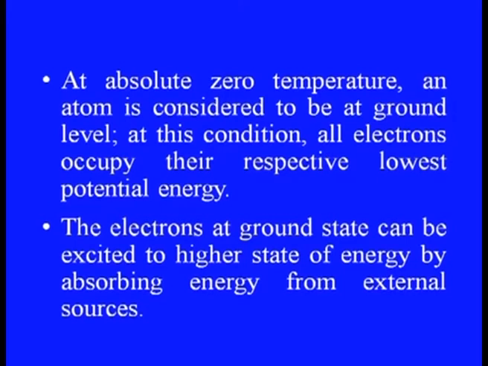At absolute 0 temperature, an atom is considered to be at ground level. At this condition, all electrons occupy their respective lowest potential energy. The electrons at ground state can be excited to higher state of energy by absorbing energy from external sources.